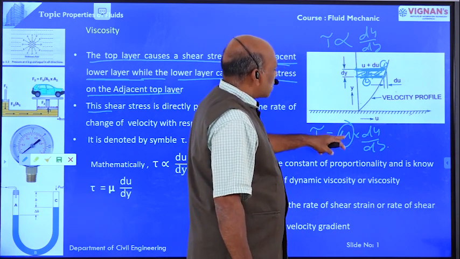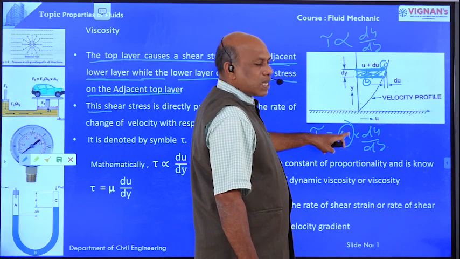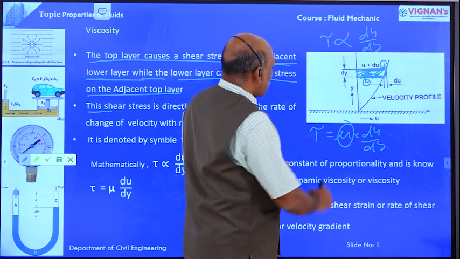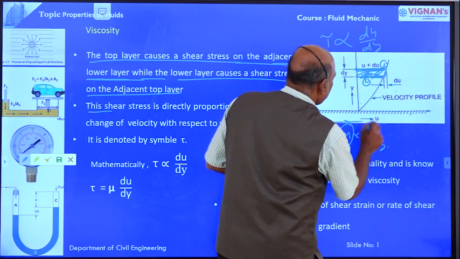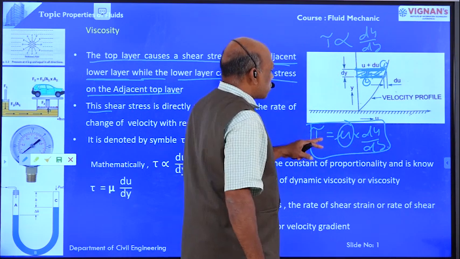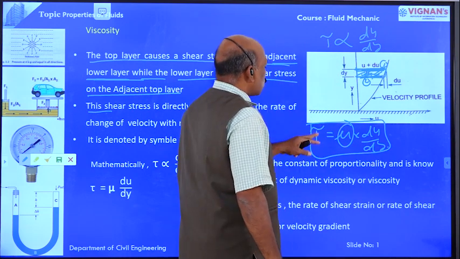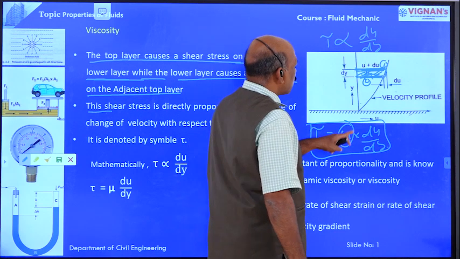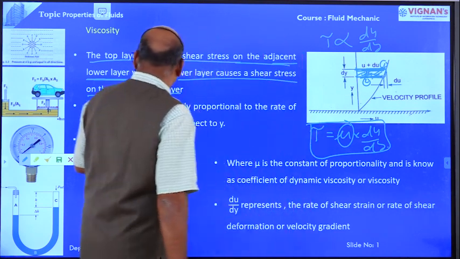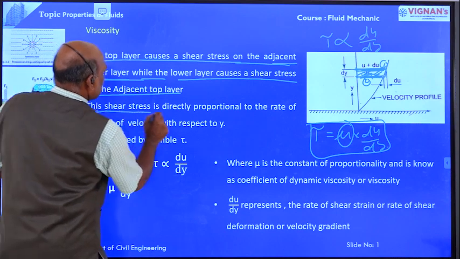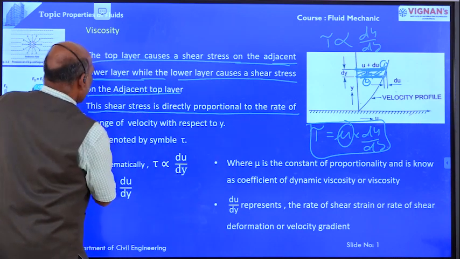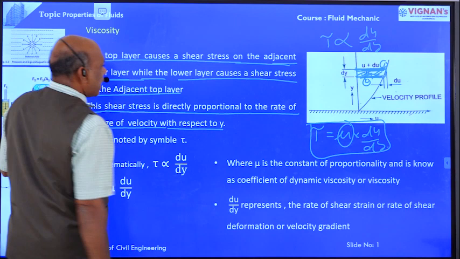This is also known as dynamic viscosity or viscosity of the fluid. Tau is equal to mu into du by dy. This is the relation between the shear stress, viscosity and velocity gradient. The shear stress is directly proportional to the rate of change of velocity with respect to y.